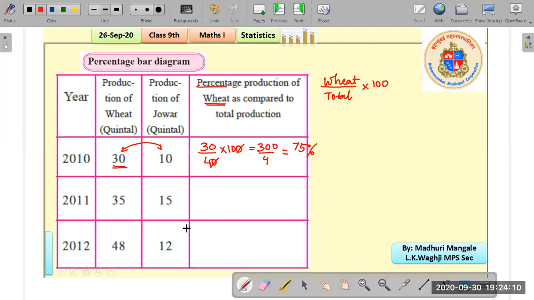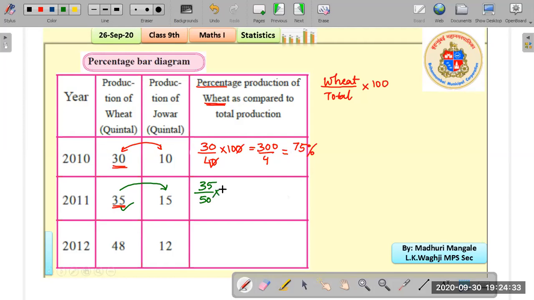Next, we convert for the year 2011. So we are going to use the data for wheat. We begin with the data for wheat. What is the data? It is 35 quintals. So 35 quintals out of total. What is the total? 35 plus 15, that is equal to 50.